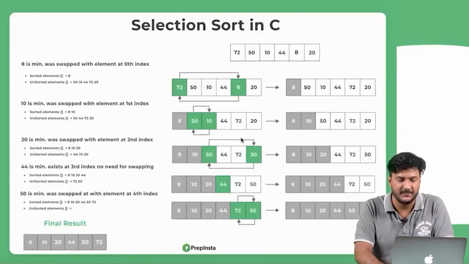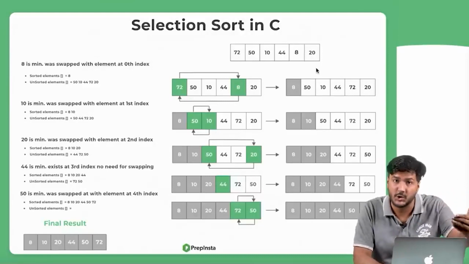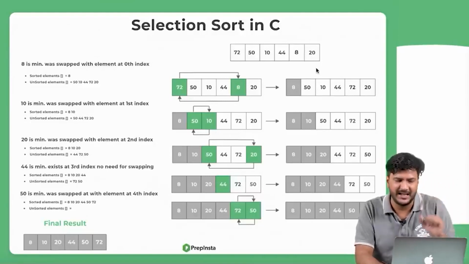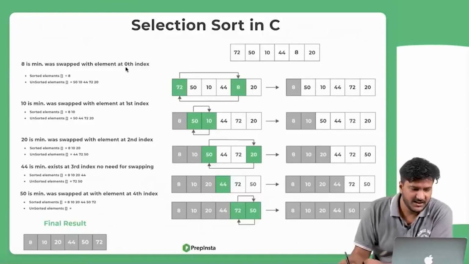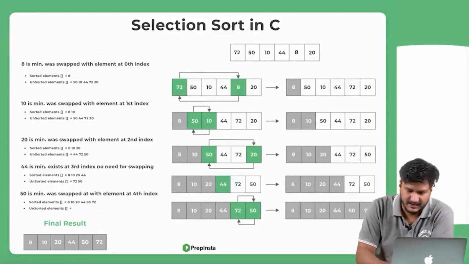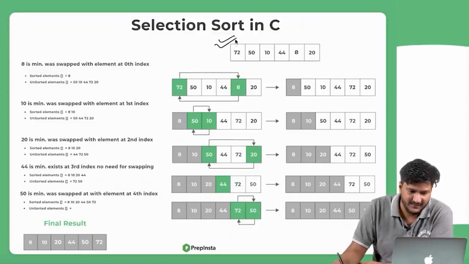So let's first understand. This question is essentially based on selection sort. How does selection sort work? Let me very quickly help you understand. This is the array that we have: 72, 50, 10, 44, 8, 20.